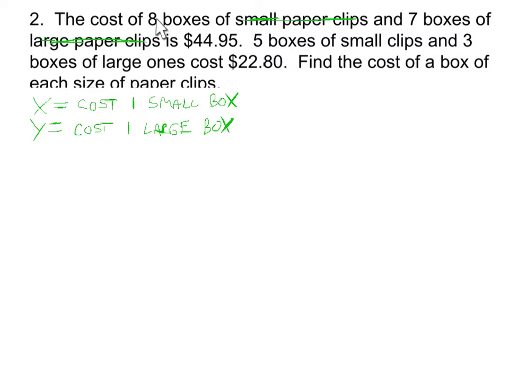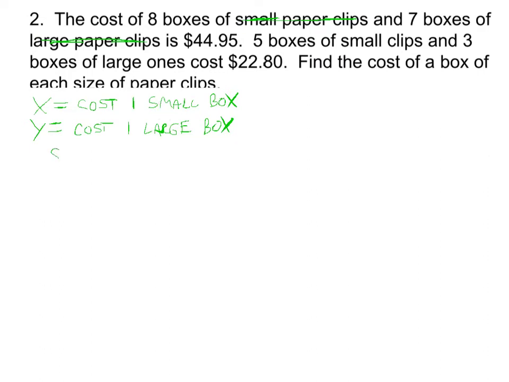All right, so the first part says if I have 8 boxes of small paper clips and 7 boxes of large paper clips, this is the total. Now, if it says 8 boxes of small paper clips, well, I don't know what the cost of one of them is, so if I wanted to find the cost of 8 of them, it's going to be 8 times x, because x represents the cost of one small box.